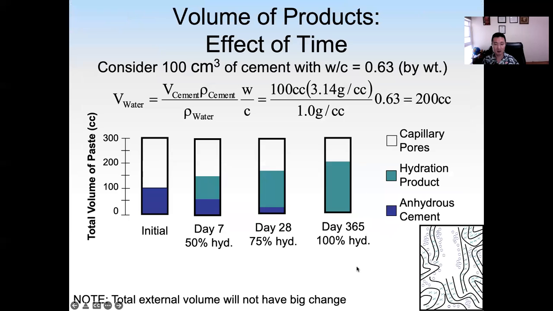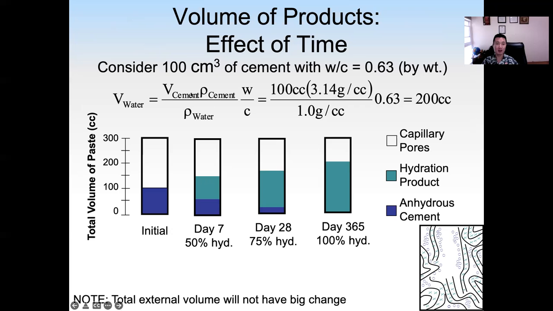Let's look at hydration again. Here shows a virtual experiment. Let's say we have 100 cubic centimeter of cement, and the water to cement ratio is 0.63 by weight.